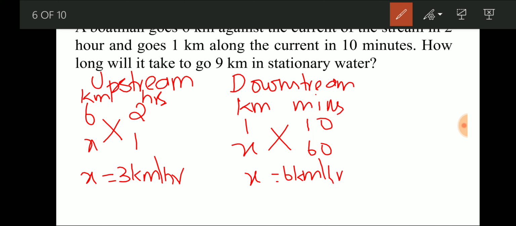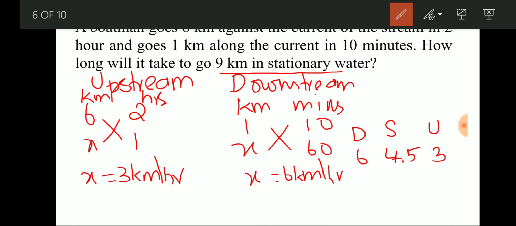So very easily we could say downstream is 6, upstream is 3, then still water would be the middle of these both. It's going to be 4.5 kilometers per hour. Still water is 4.5 kilometers per hour. The question says 9 kilometers in stationary water, and stationary water is nothing but still water.